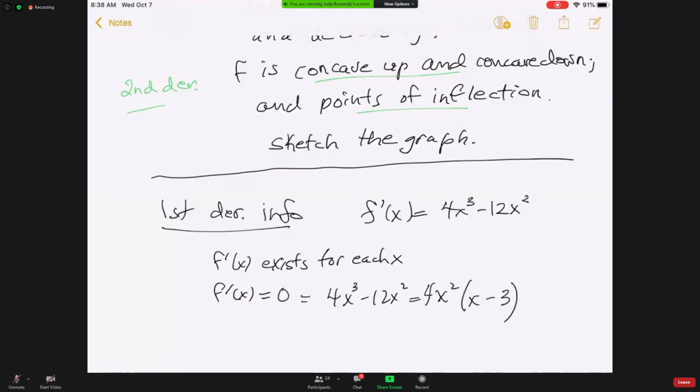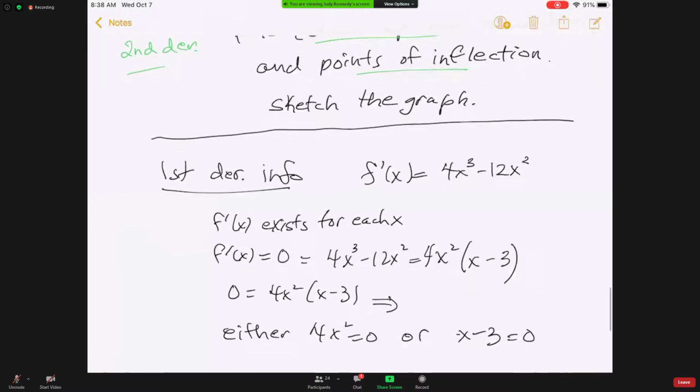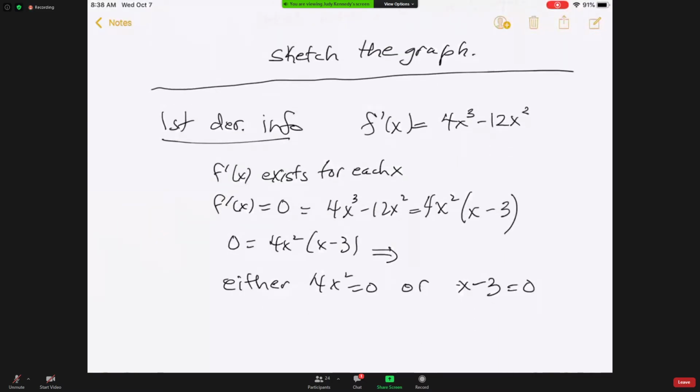So, if 0 is equal to 4x squared times x minus 3, that says that either 4x squared is 0 or x minus 3 is 0. And both of those will give you that f prime is 0.